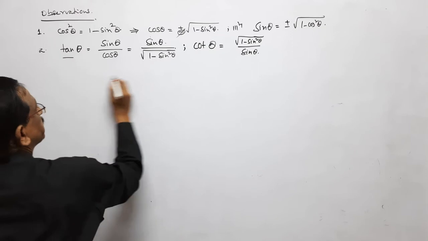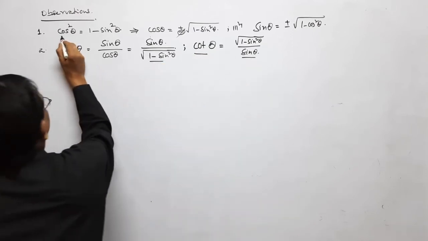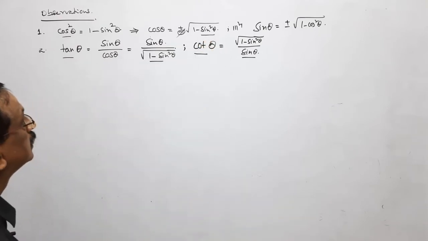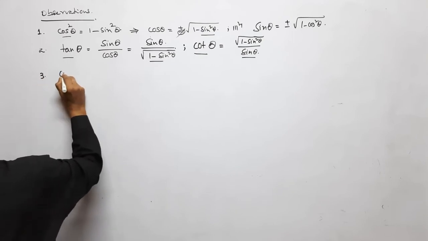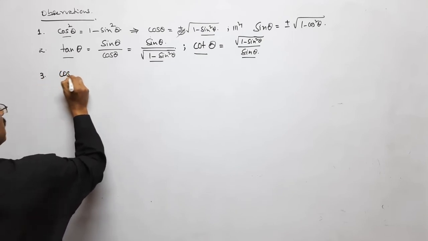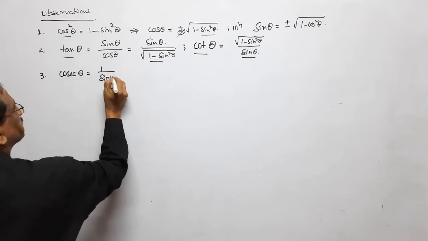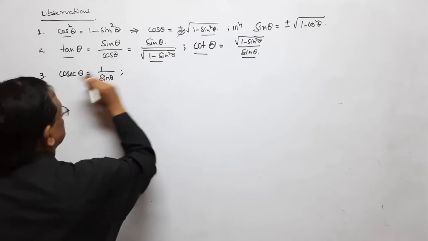So tan expressed in terms of sine, cot expressed in terms of sine, cos expressed in terms of sine. What about cosecant? It is already done. Cosecant theta is 1 by sin theta. It's not required, but I just wrote it here.